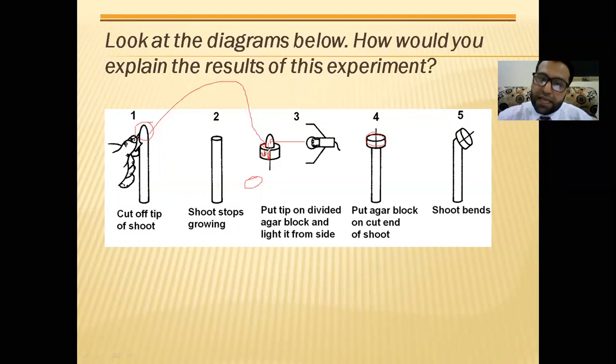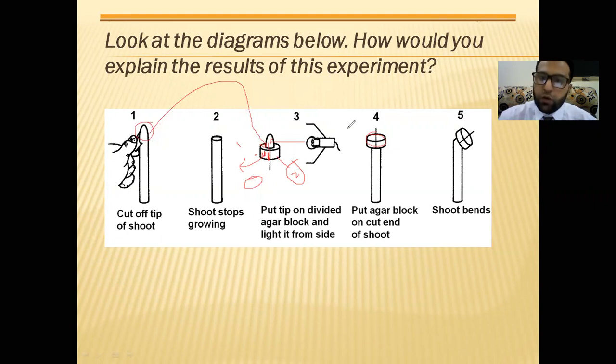So, for example, this is the first part of the agar and this is the second. The second is toward the light, so the chemical was not found in that. While in this one, on the shaded side, the chemicals were there.